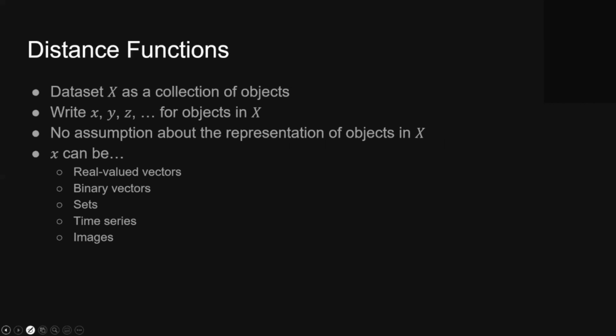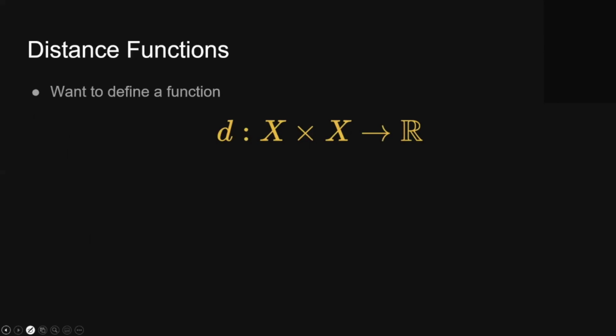Technically speaking, distance functions need to satisfy a certain set of mathematical criteria. To have that conversation, we're going to call a data set X, with a capital letter, and the elements of the data set x, y, and z. Mathematically, we're defining the distance function d as a mapping from a pair of data points to a real number.